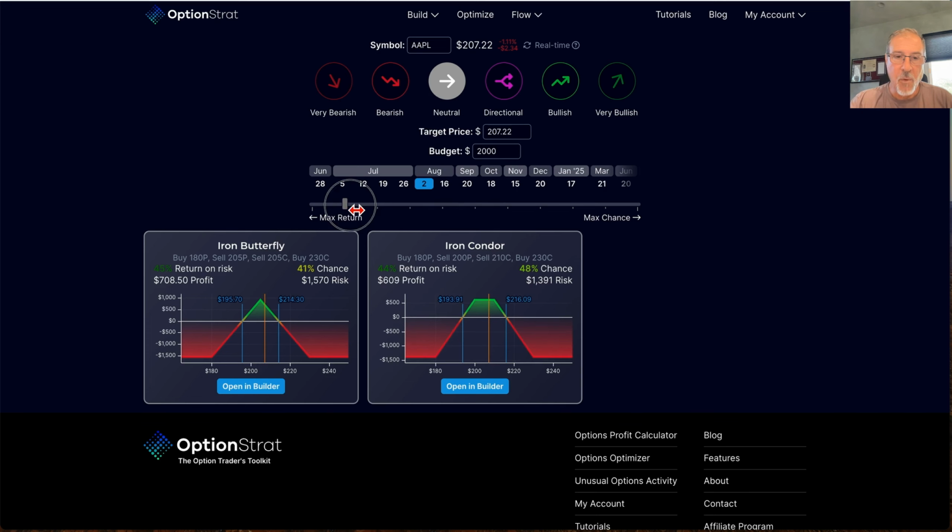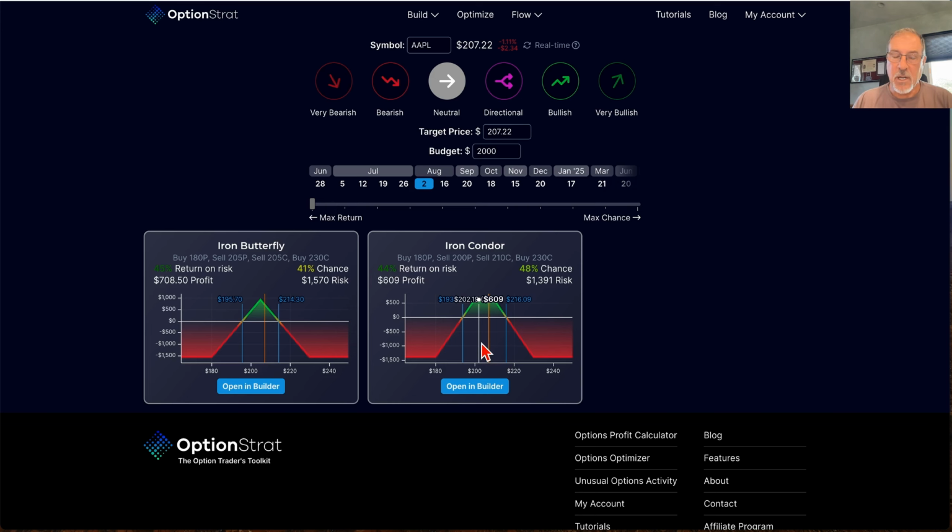Or maybe I just want the absolute maximum potential return I can get in the trade, which is $600 in profit. But I've got a much lower percent chance of that happening because, of course, Apple doesn't have to move as much for me to get outside of the profitability zone.